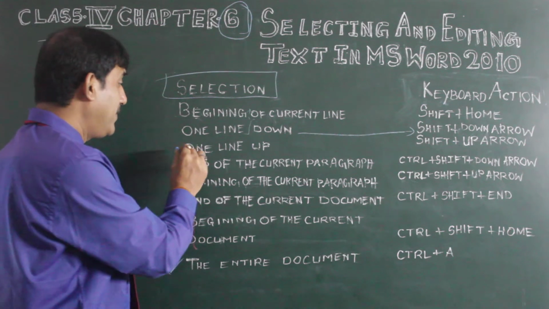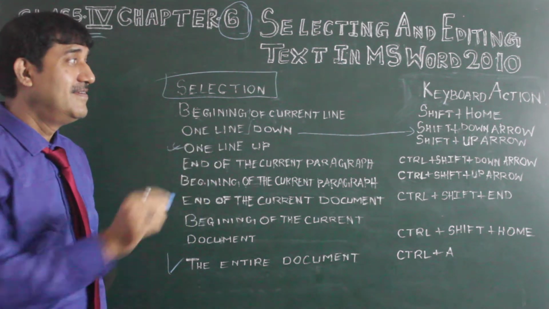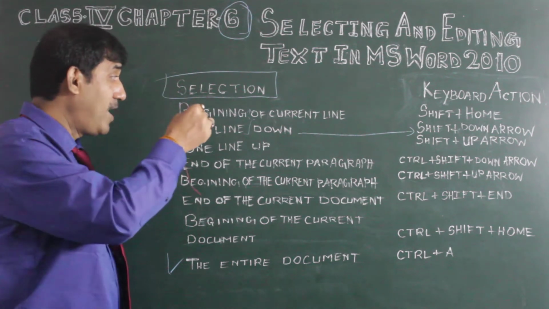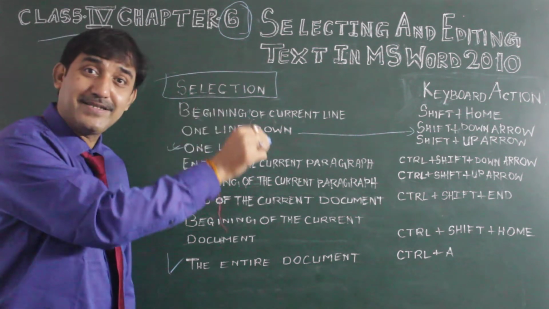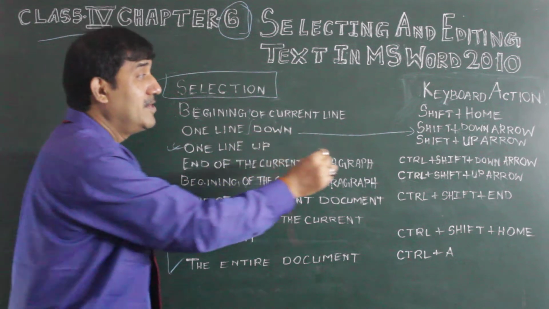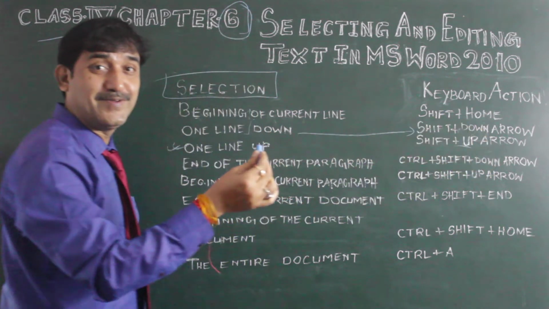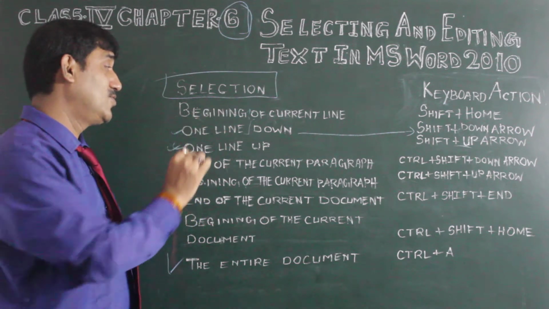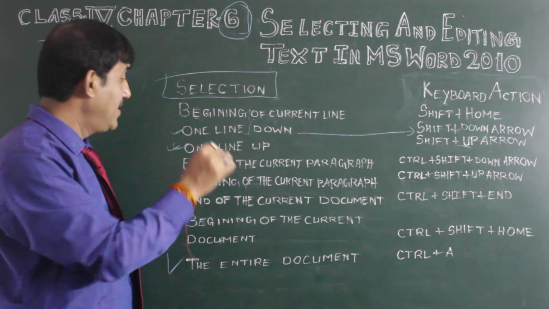One line up, Shift plus up arrow key. One line down, Shift plus down arrow key. One line up, Shift plus up arrow key. So, two types of selections: one line down and one line up.